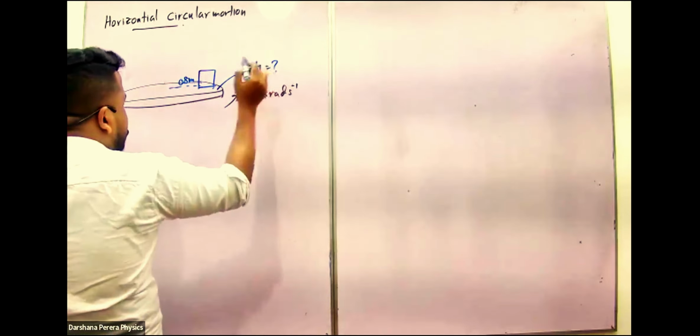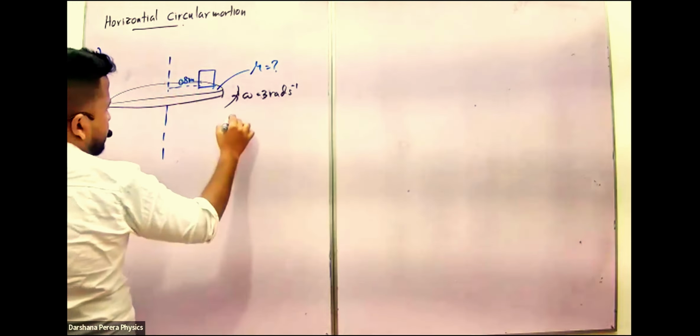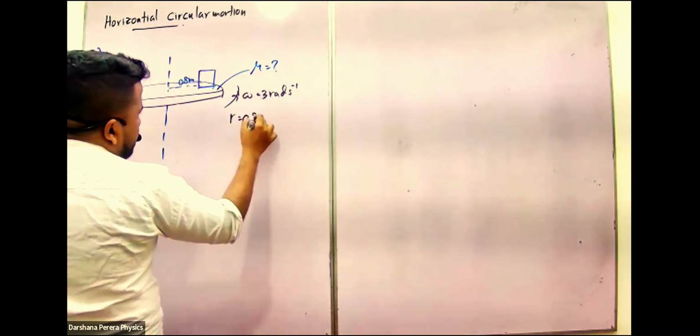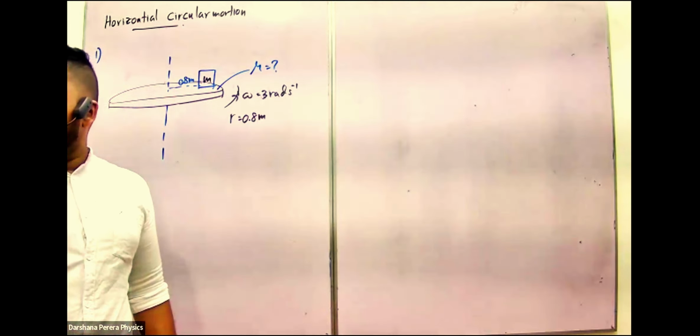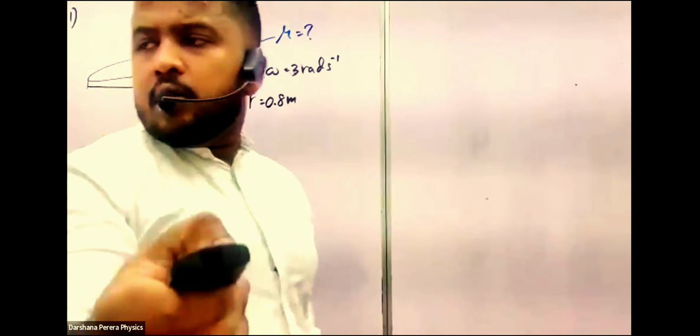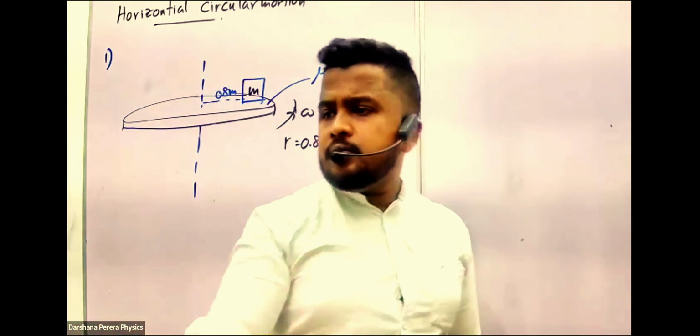We have to find the friction mu while it rotates like this, with r equals 0.8 meter. That's it. Okay. It's a very easy one. Find it.